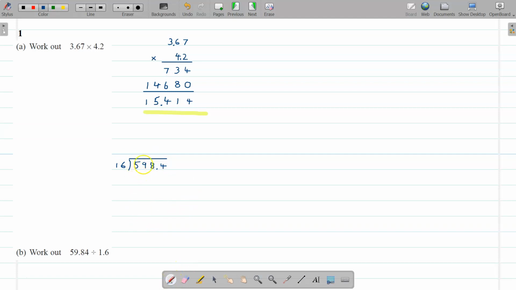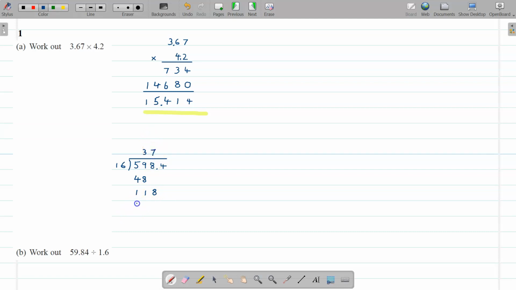16 into 59 goes 3, because 3 16s make 48. So if I put that underneath, I have a remainder of 11. Okay, if I bring down the 8, I see that 16 into 118 goes 7 times. 7 16s make 112.